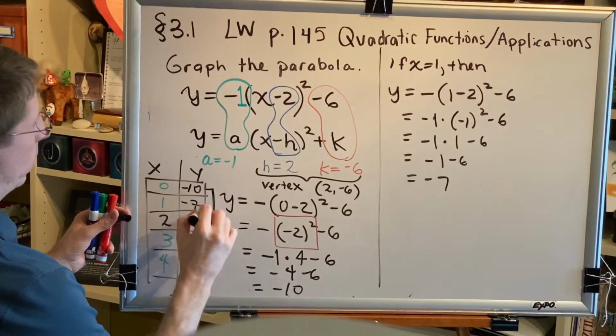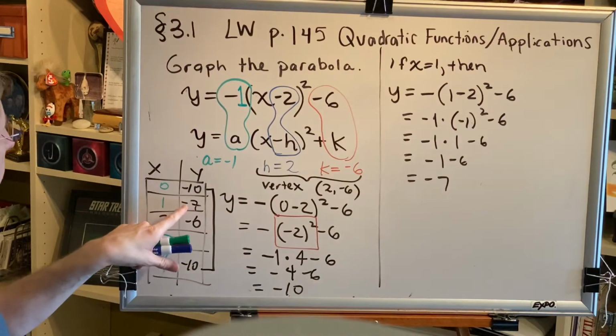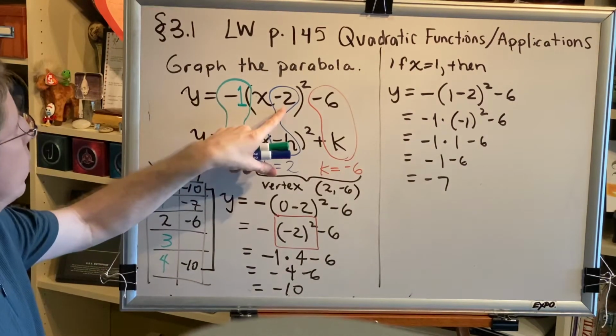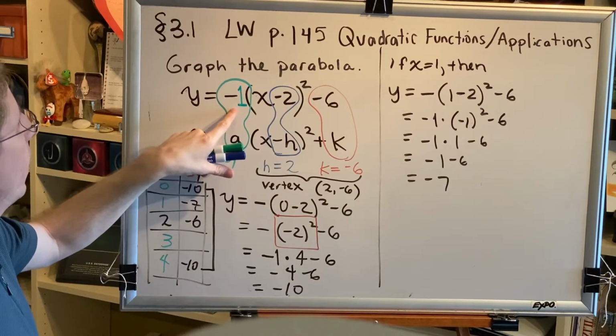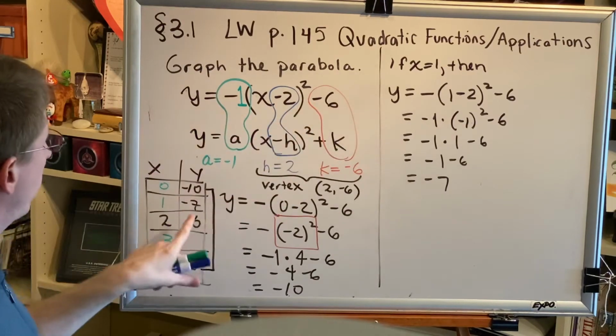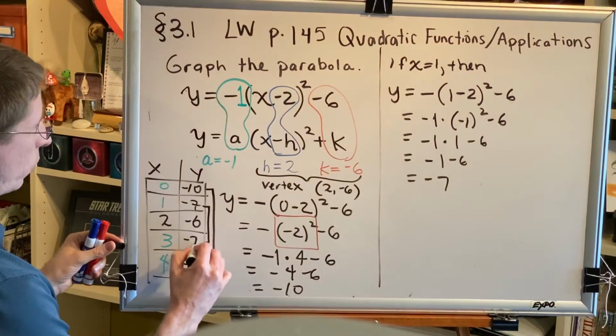So I get -7. Okay, let's just check our math mentally. If x is 1, 1 minus 2, -1. Square it, 1. Make it negative, -1. Subtract 6, -7. And by symmetry, that gives me the value here.